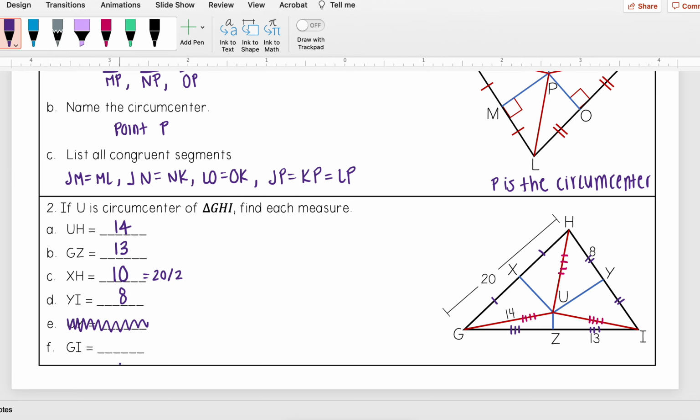And then lastly, we're going to find GI. GI is this entire segment. I know that ZI is 13, so that means that GZ is also 13. And so to find the length of all of GI, I just need to do 2 times 13, and I get 26.